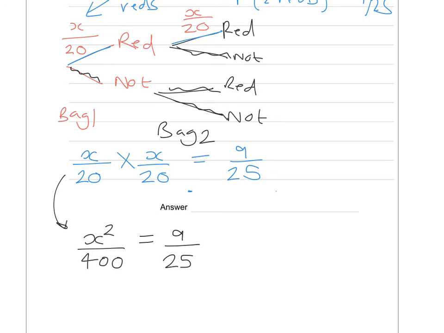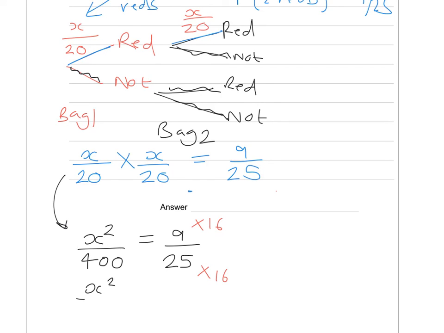Some people will multiply the numerator and denominator on the right-hand side, so you have common denominators. We can do that. For instance, we could say 25 can be turned into 400. There are 4 25s in 100, so there must be 16 25s in 400. So we can multiply the numerator and denominator by 16.